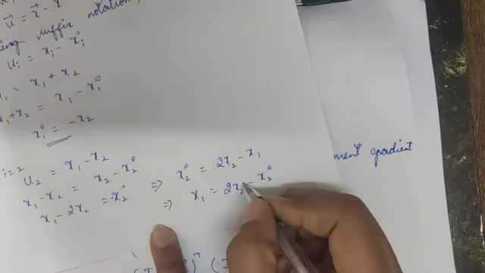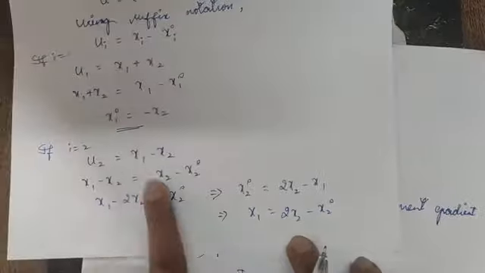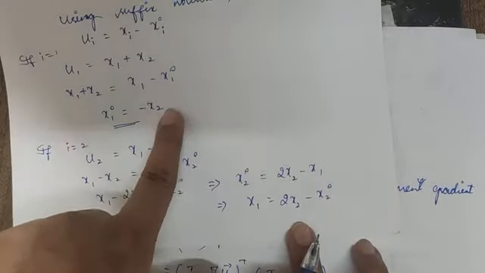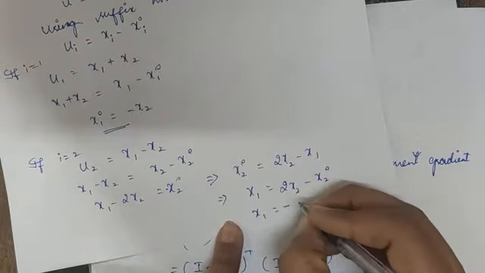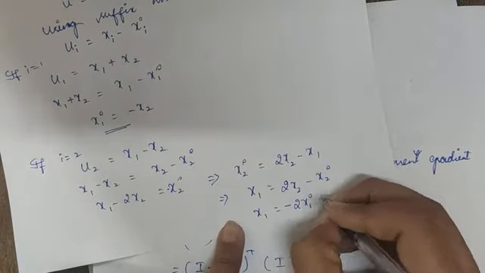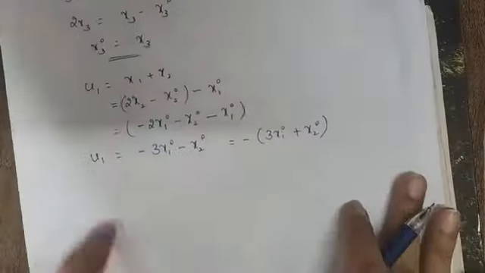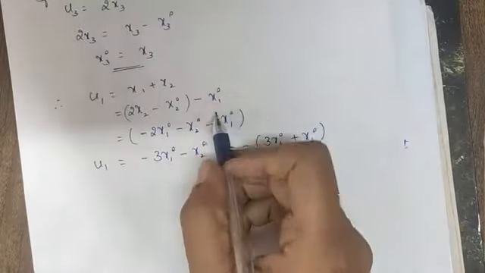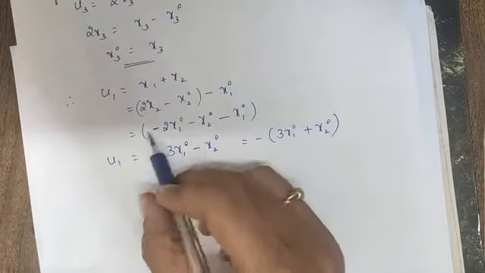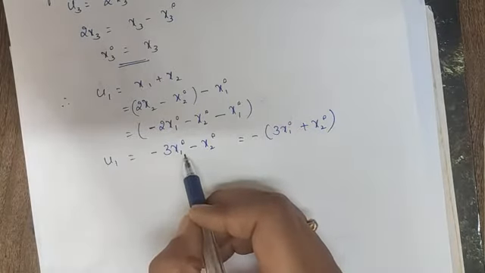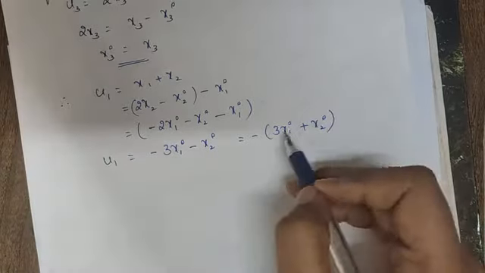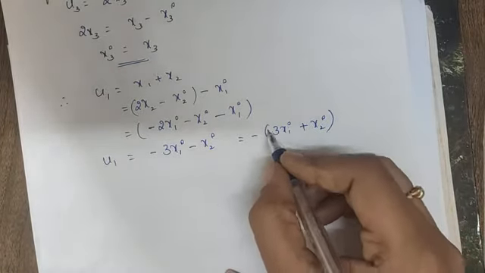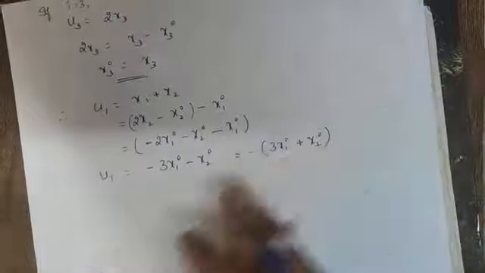Again I have to substitute for x2. So using this, what is x2? x2 is minus x1 naught. So you will get x1 is equal to minus 2x1 naught minus x2 naught. This is what I have substituted here. And this minus x1 naught as it is. So if you simplify this, you will get minus 3x1 naught minus x2 naught. I have taken minus outside, so it will become minus of 3x1 naught plus x2 naught.